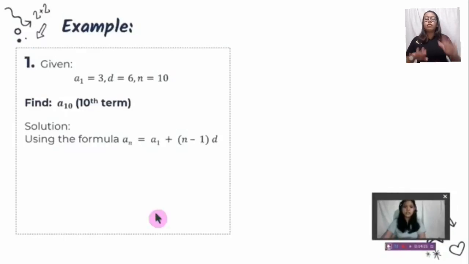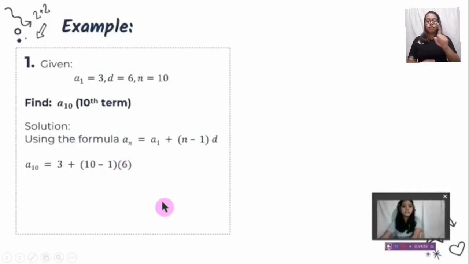Again, take note, huwag kakalimutan ang formula ng arithmetic sequence, which is a sub n is equal to a sub 1 plus the quantity n minus 1 times d. Now what we need to do is just substitute the givens. So, our n is 10, so that would be a sub 10. Our a sub 1 is 3, and our d is 6.